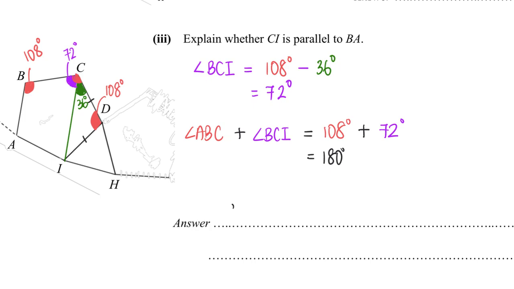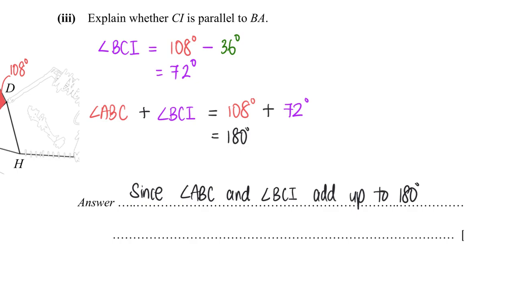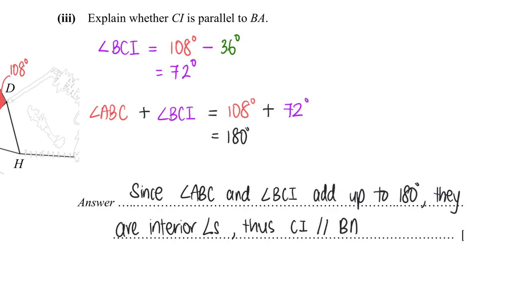So since angle ABC and angle BCI add up to 180 degrees, they are interior angles. Thus, CI is parallel to BA.